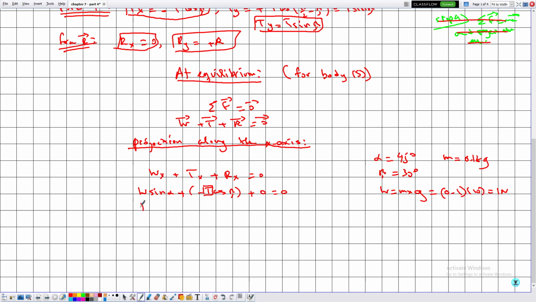Now, so the value of W is 1, sine alpha is given by sine 45, minus t kept as an unknown with cosine 30, equal to 0.